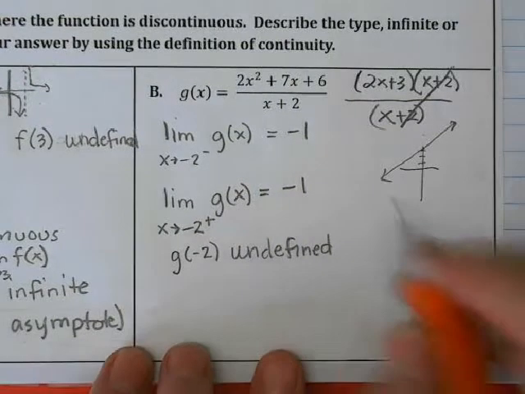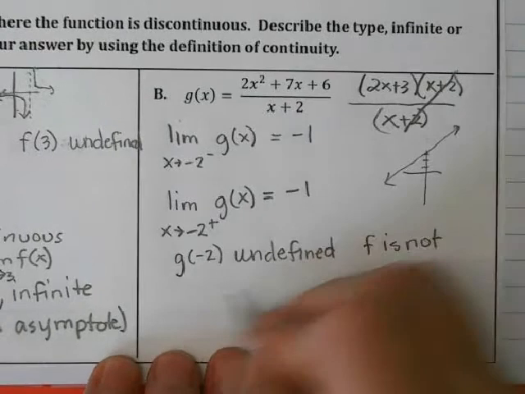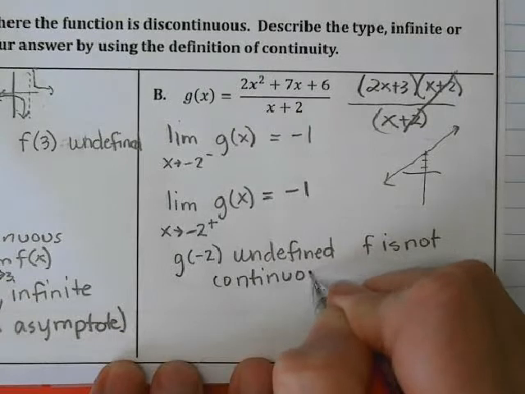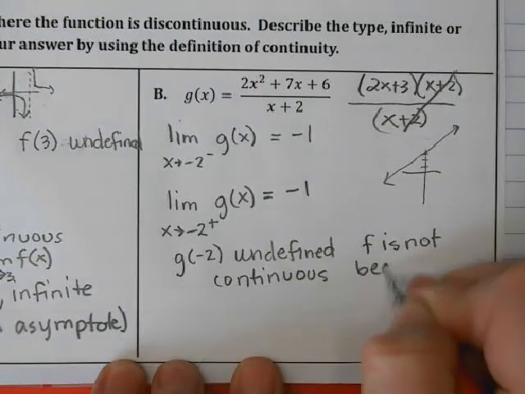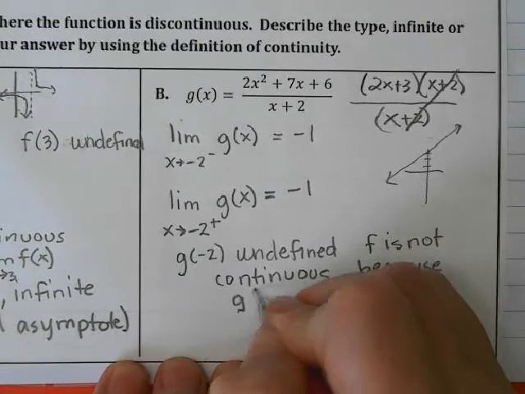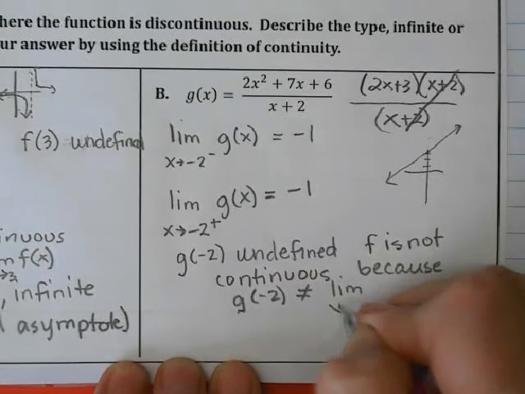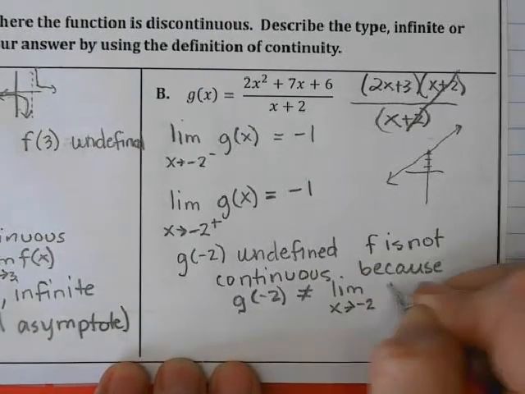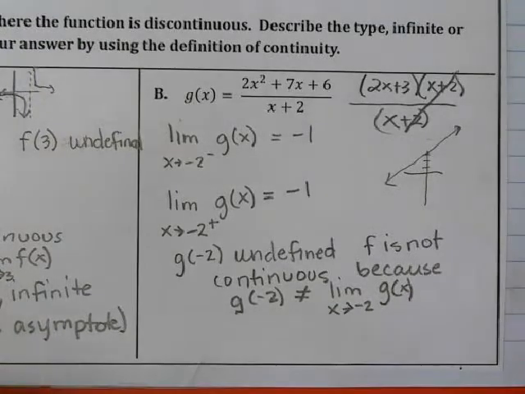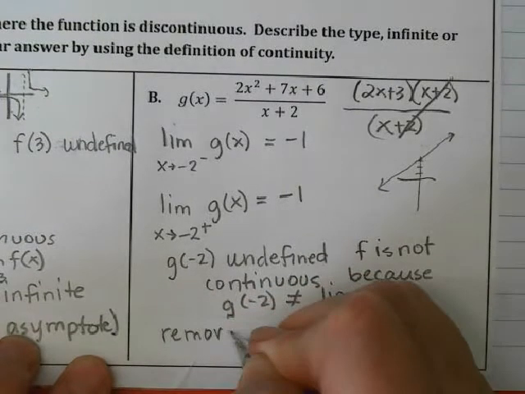So g is not continuous because g of negative 2 does not equal the limit as x approaches negative 2 of g of x. This is a removable point discontinuity.